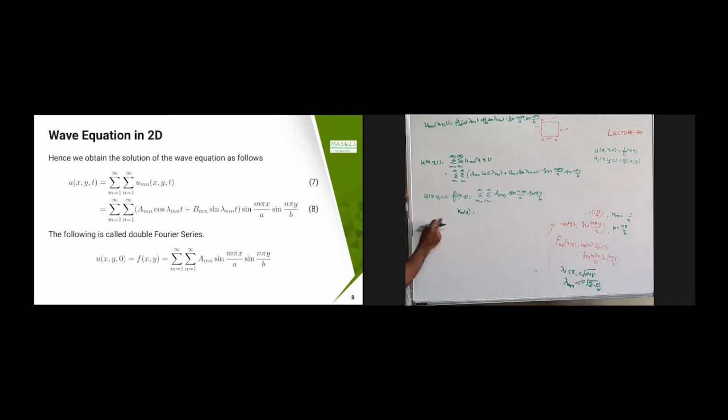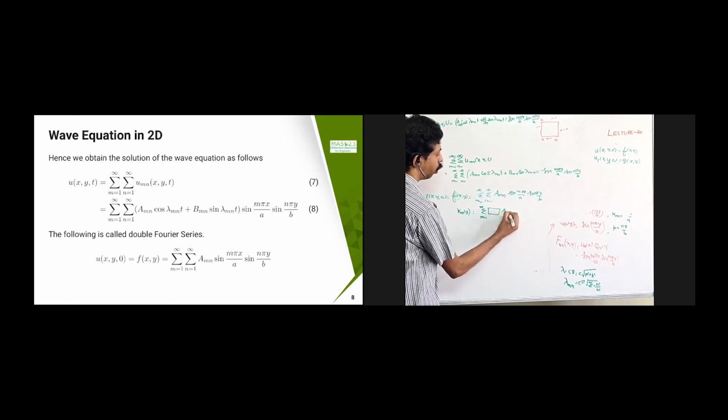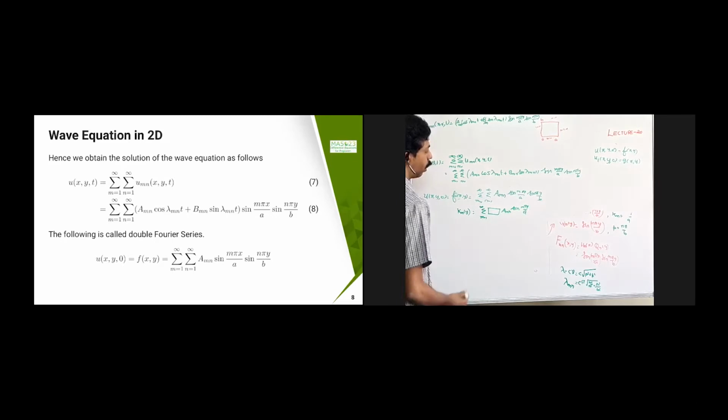Now for this K_m(y), once again do the same kind of thing. This K_m(y) is going to become the summation m equal to 1 to infinity of some term into a_mn into sin(m pi x by a). Now once again use the same, apply sin(m pi x) again. This also survives only at m equal to m, only the m pi x term is going to survive.